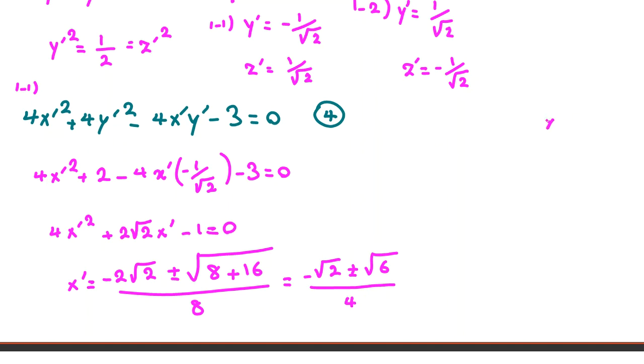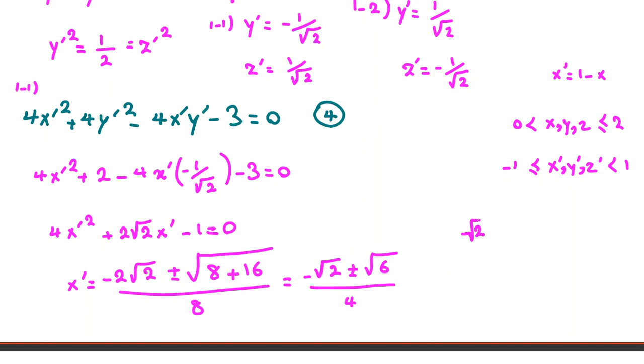And we know x, y, z are from 0 to 2. So x prime, y prime, z prime, because x prime is 1 minus x. 1 minus 0 is 1, so it is at most 1, and at least negative 1. So if we consider this part, negative root 6 is around negative 2 point something. We can consider plus root 6 minus 2 or minus.